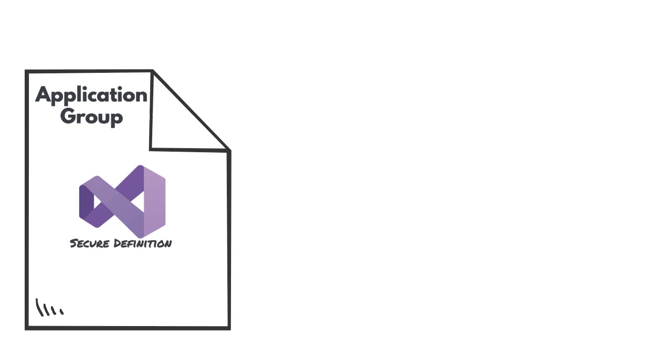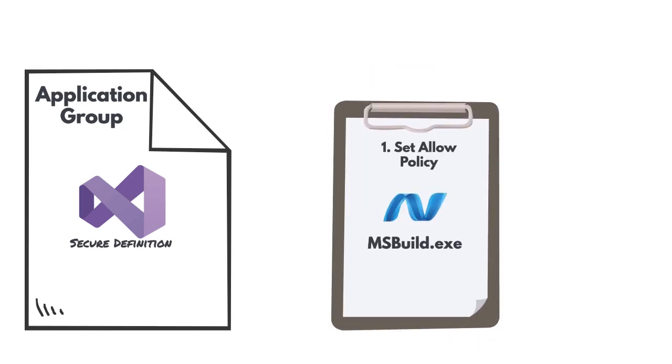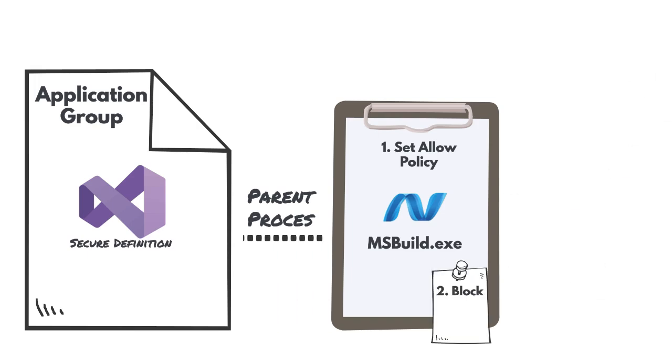Next, we create an allow policy for MSBuild and set the parent process parameter to the application group containing the Visual Studio definition. Finally, we create a block policy with a lower priority to ensure it is evaluated after the first policy, which defines MSBuild without a parent process context.